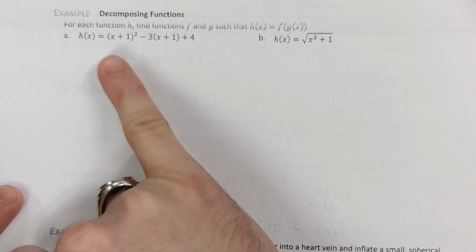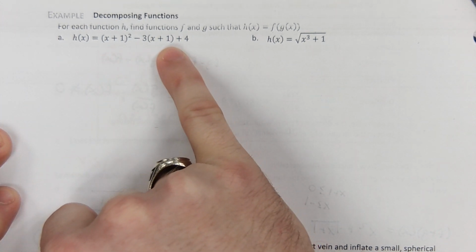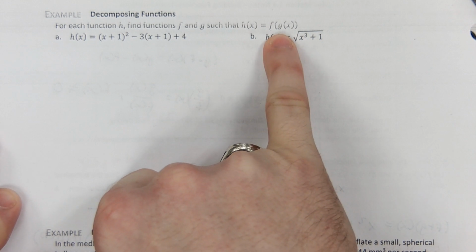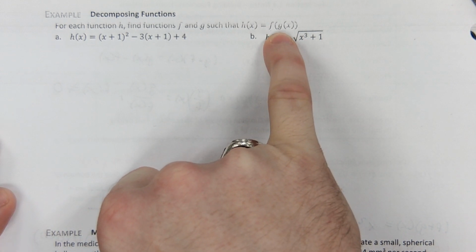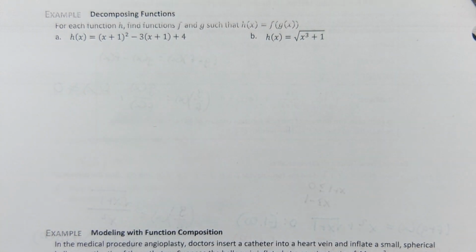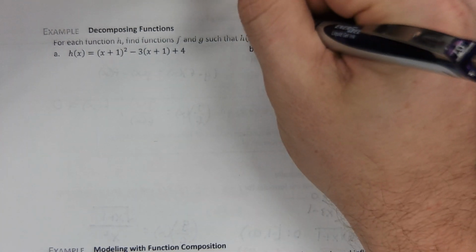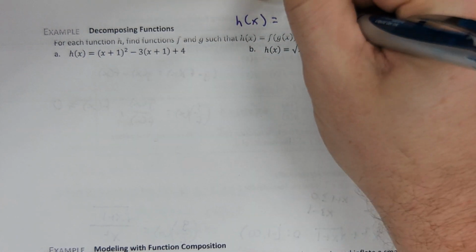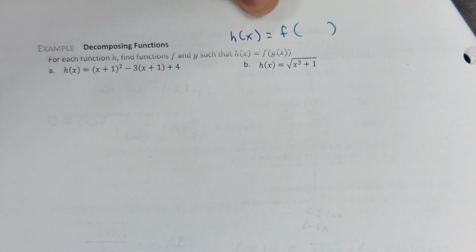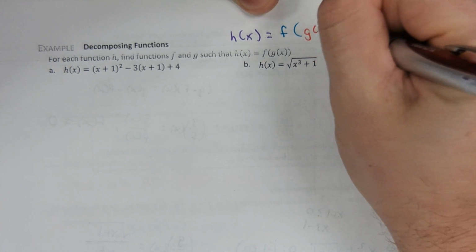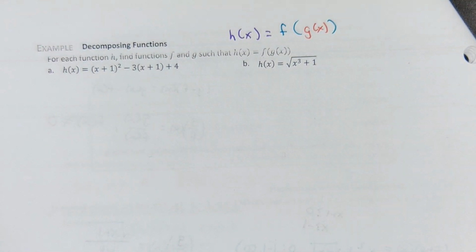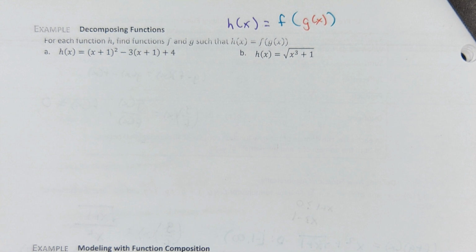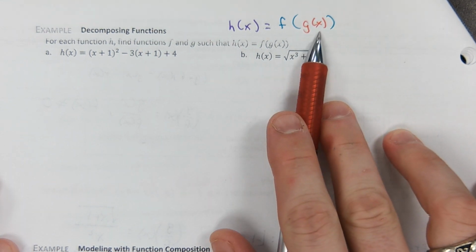What I'm telling you is that h of x is something with another thing plugged into it. Our job is to take it apart. I think the easiest way to do this is to say what was plugged in.